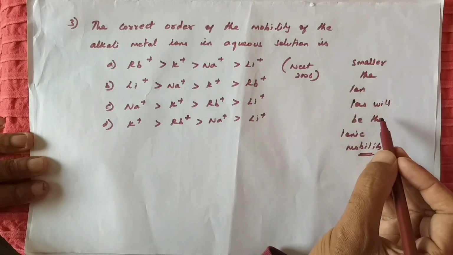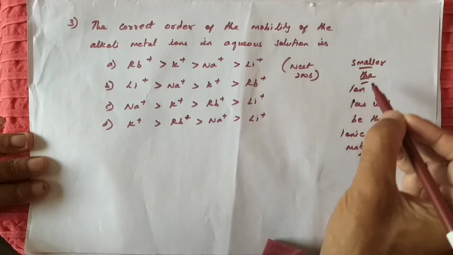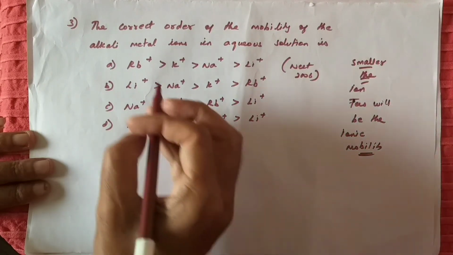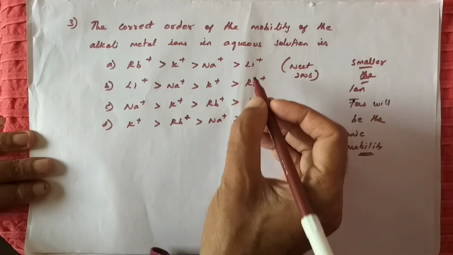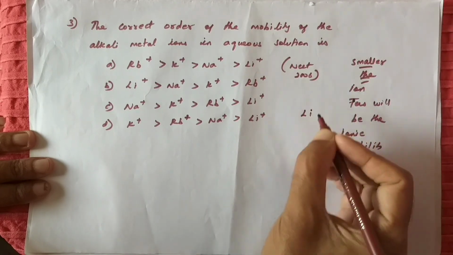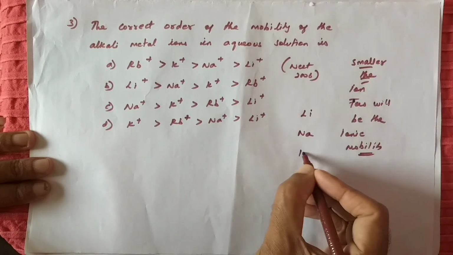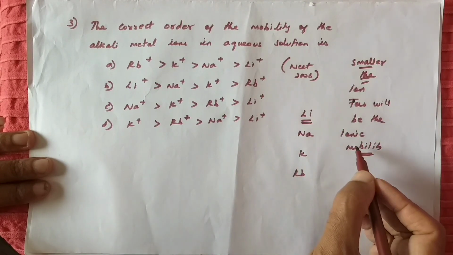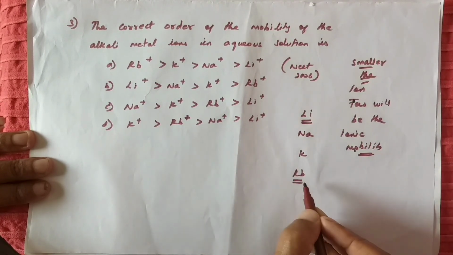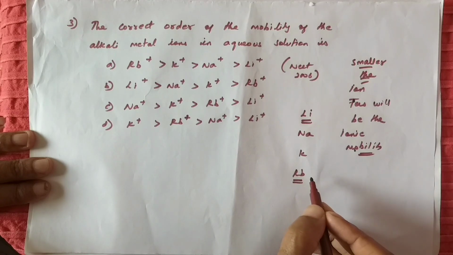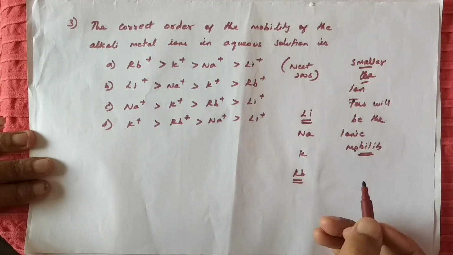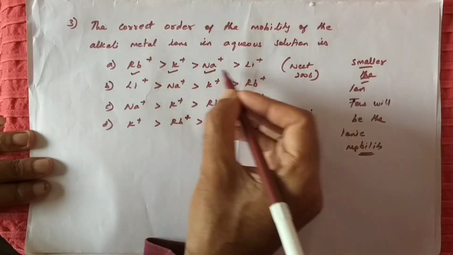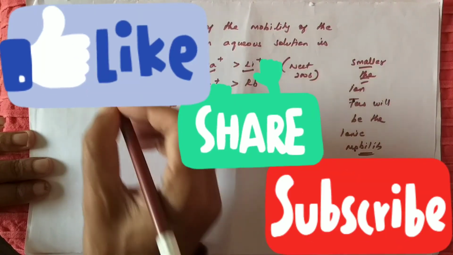Lithium is the smallest, and in the periodic table we have lithium, sodium, potassium and rubidium. Lithium, being the smallest, will have the least ionic mobility, and rubidium will have the maximum ionic mobility because of its large size; the attraction will be less. So rubidium will be followed by potassium, then sodium and lithium. So option A will be the correct answer in this case.